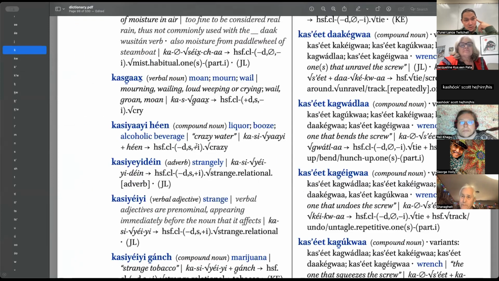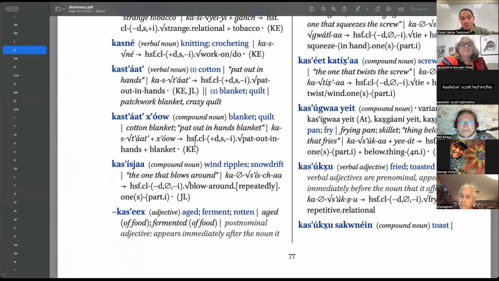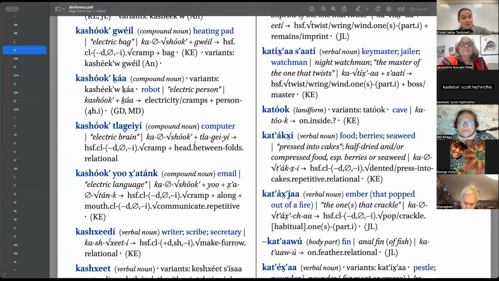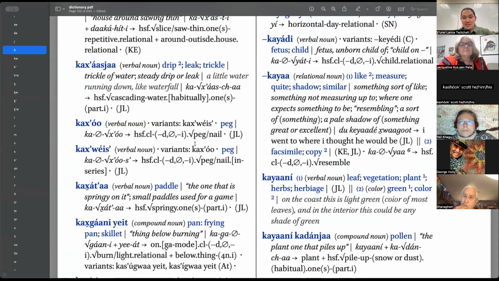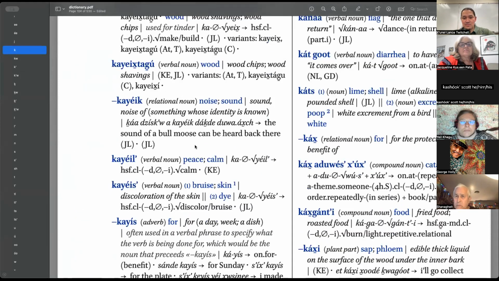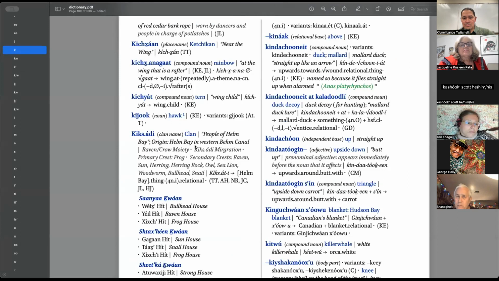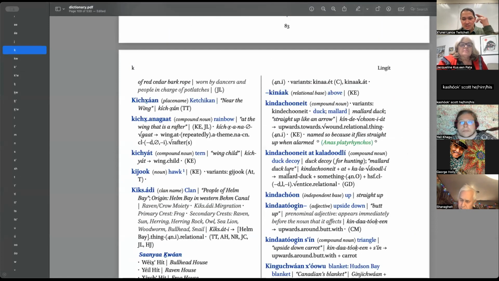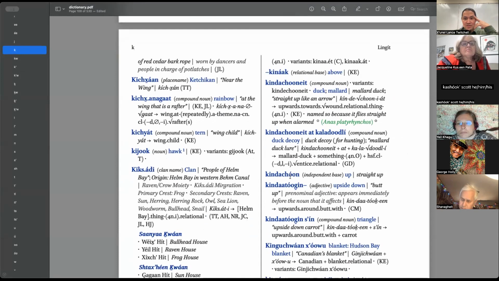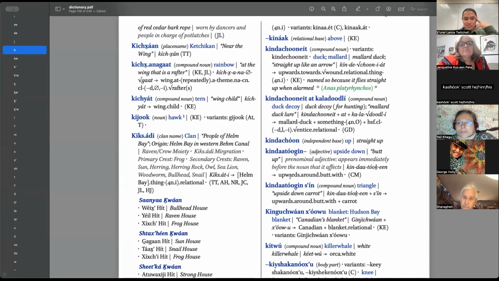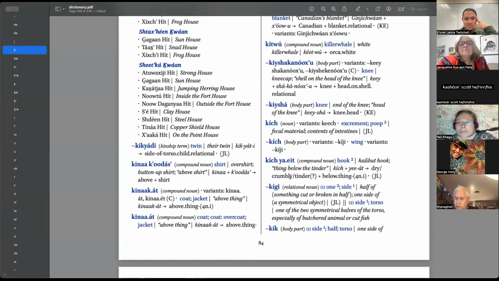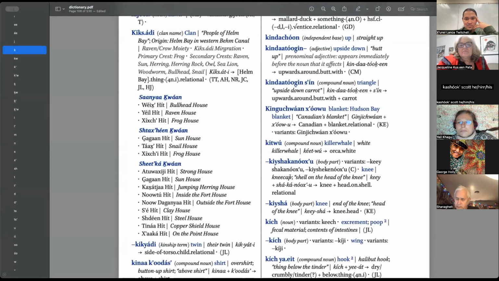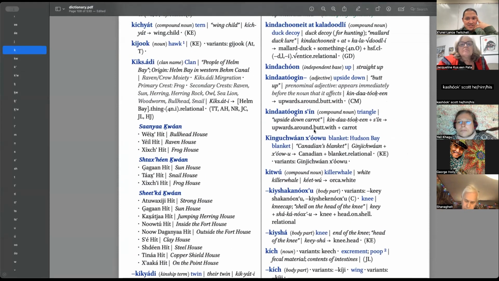Kindachun on its own means straight upwards, and that chun, like yadachun, it's working like that. So kindachunate, kindachun. And this Kindachuna, I don't have any names for anything like that.